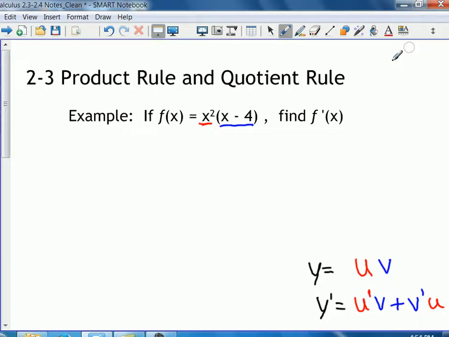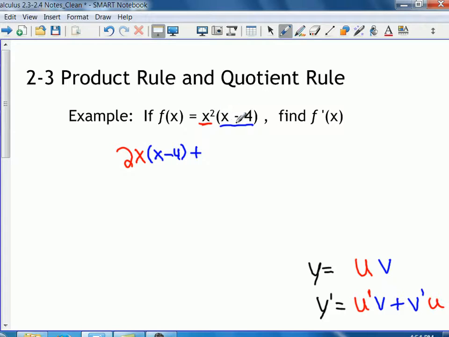So what's the derivative of the first here? Well, the first thing being multiplied here is x squared, but the derivative of the first, u prime, is 2x. Now you're going to leave the second thing alone. So derivative of the first times the second, plus derivative of the second.